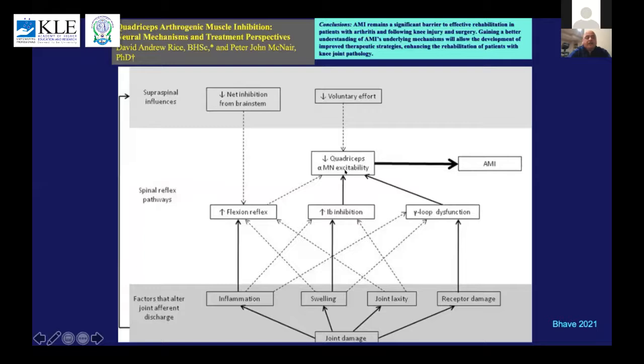And then once the inhibitory influences in the spinal cord of the quadriceps occur, it is basically arthrogenic inhibition of the muscle, and that can only be bypassed by actually bypassing it right here, because even if voluntary effort excitability is there, you still can't activate the quadricep muscle.